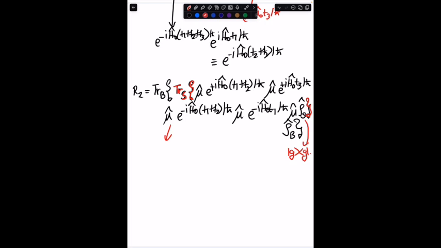And when you take a trace over the ground state and the excited state, the only term that survives is the ground state one.